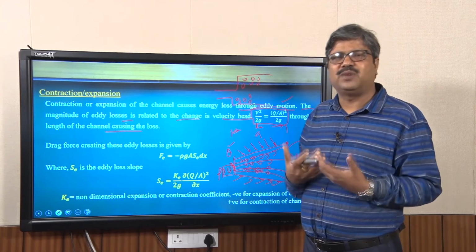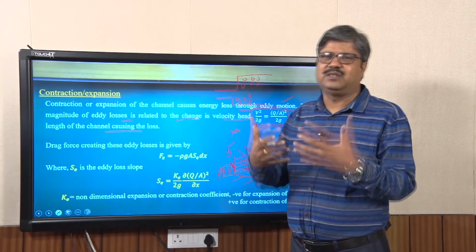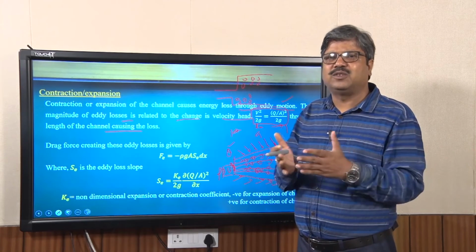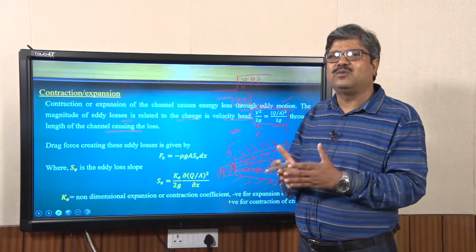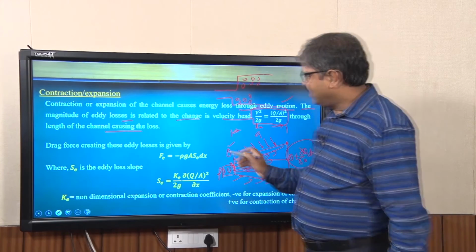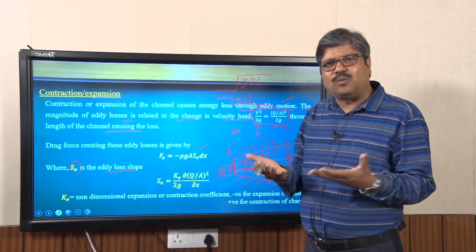The same concept we are using here to quantify the energy losses due to the formation of eddies as the river expands. As the width increases, that will be related to the velocity head. And if that is considered as the eddy energy loss slope, this is equivalent to a frictional slope.